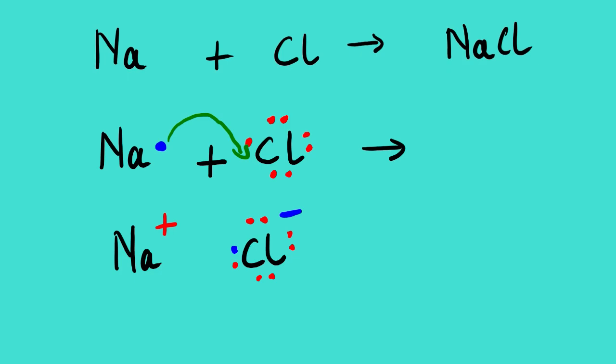Now in this case, we can see that the nature of the force between the two will be a force of attraction, since we have positive and negative, which are unlike charges. And as a result we have something like this. When we represent it using the Lewis dot diagram, we are going to have something like this.